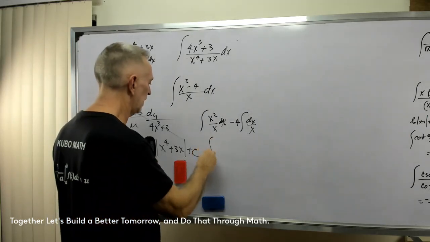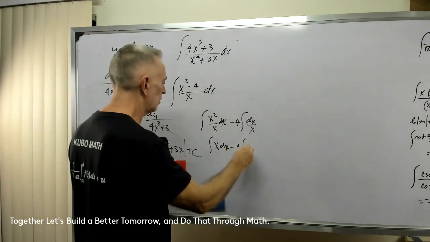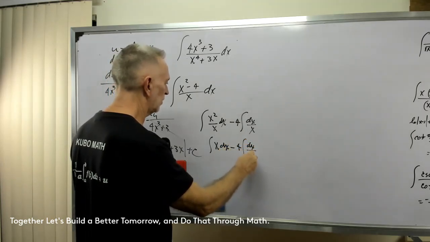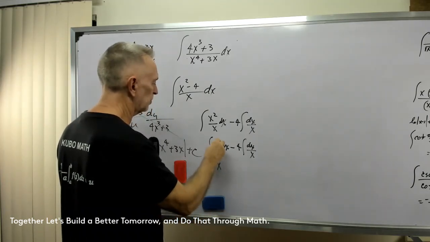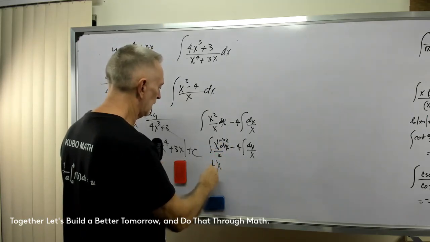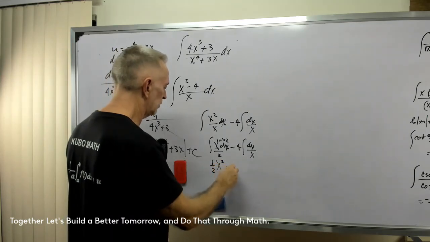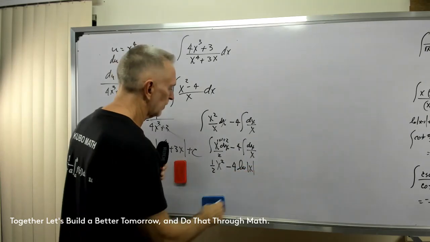It's just x. So now I have the integral of x dx minus 4 integral of dx over x. So this is x to the 1 plus 1 equals 2, divided by the 2. So I have 1/2 x squared minus 4 natural log of x plus c.